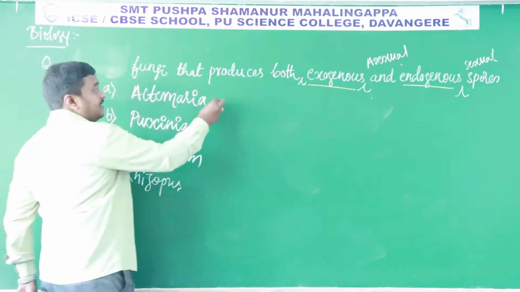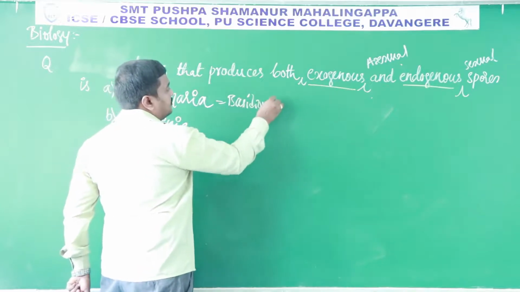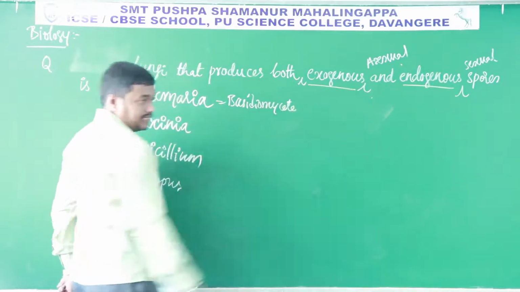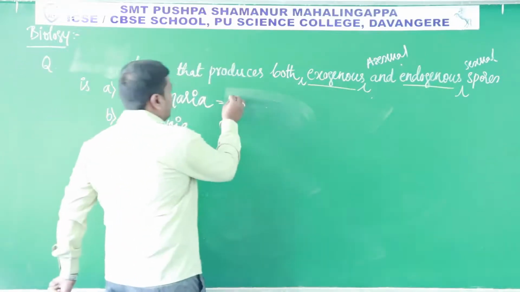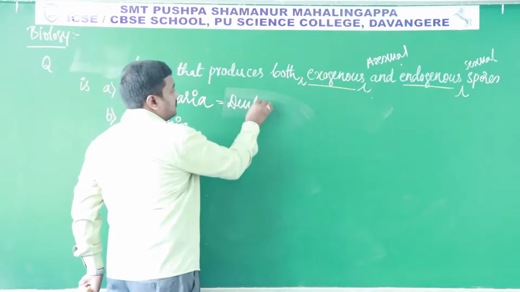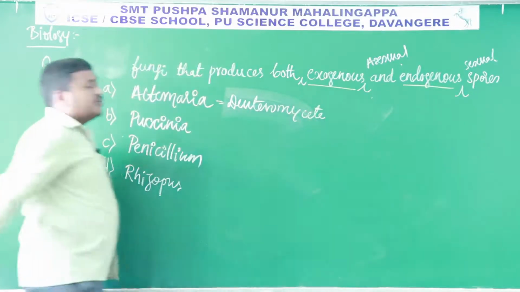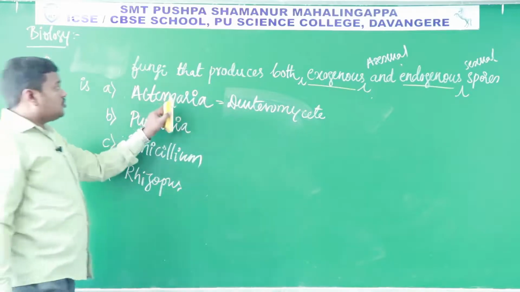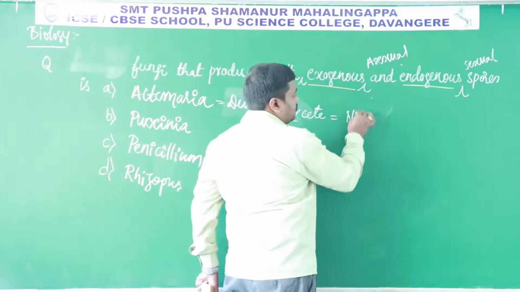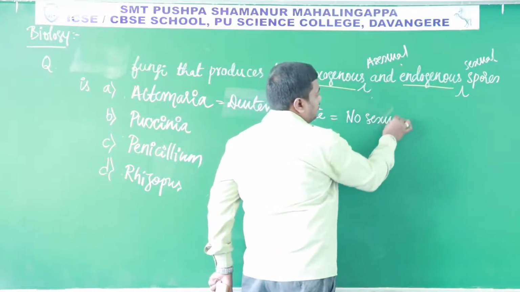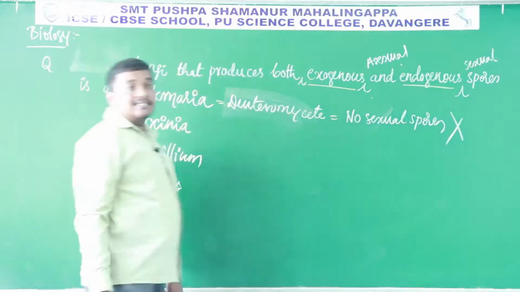The fungi that produces both exogenous asexual and endogenous sexual spores. Alternaria belongs to Deuteromycetes. Deuteromycete fungi do not produce sexual spores, so no sexual spores. So this is not the right answer.